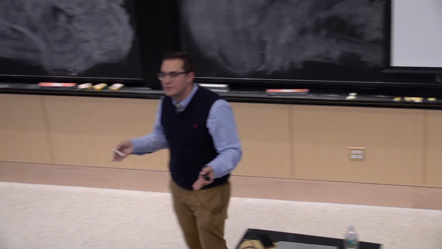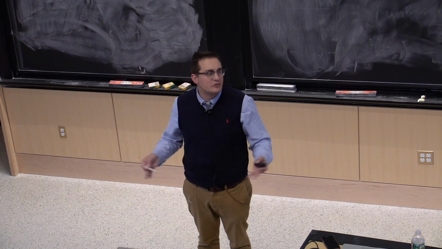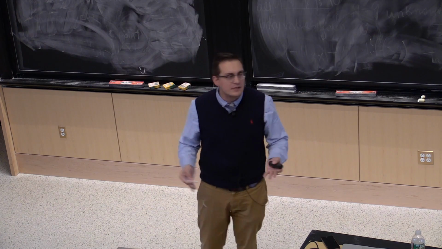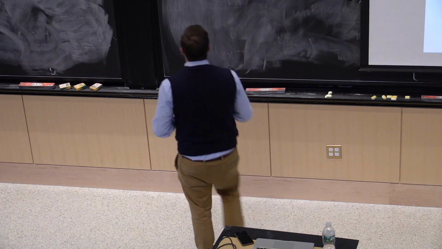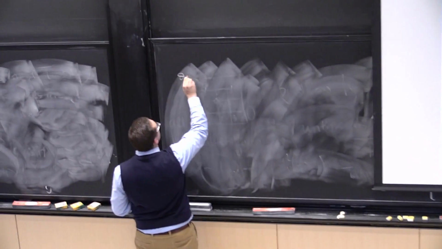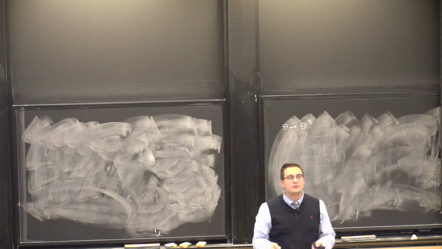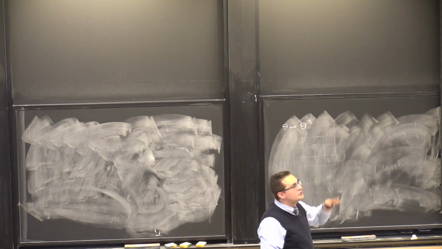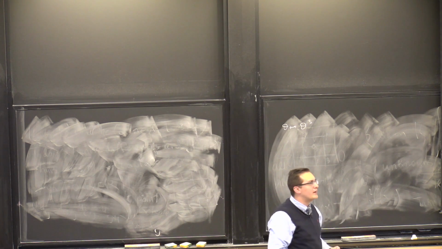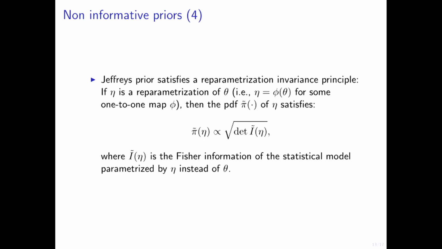Think, for example, of theta as being the mean of a Gaussian, and phi of theta as being this mean cubed. This is a 1-to-1 map phi, right? So if I want to go from theta to theta cubed, and now I decide that this is the actual parameter that I want, then it means that on this parameter, my original prior is going to induce another prior. And here it says that this prior is actually also Jeffreys prior.